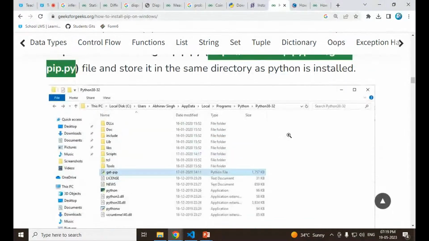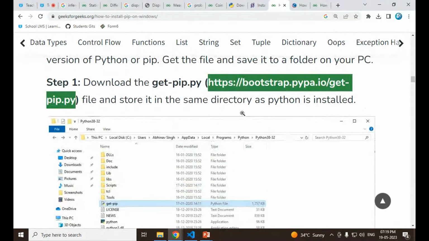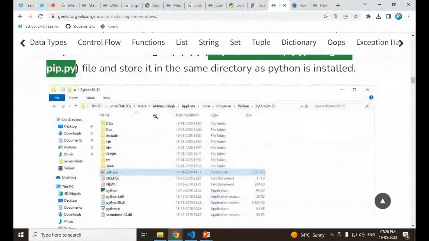Okay. Store the file in the same directory where Python is installed. Go to the C drive, then Users, then your computer name.